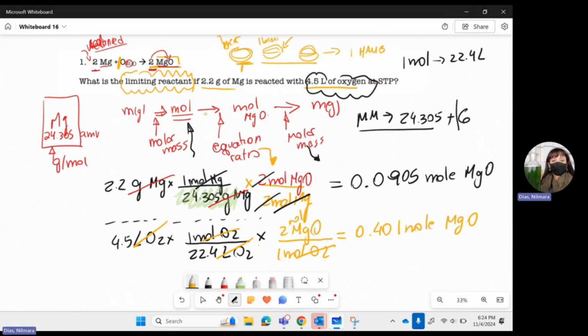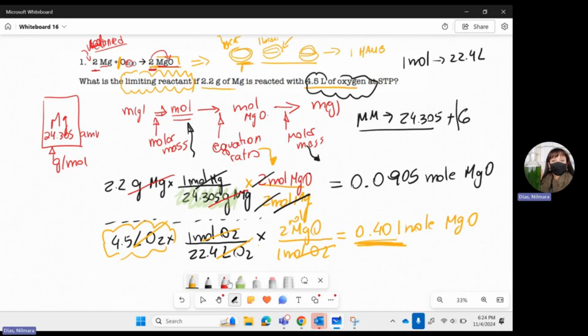So with this quantity of oxygen, I can produce less magnesium oxide. But it doesn't matter, exactly like we had with the bread. It doesn't matter if I have 1 liter, 2 liters, or 10 liters of oxygen. If I don't have enough magnesium, I will not produce this quantity.